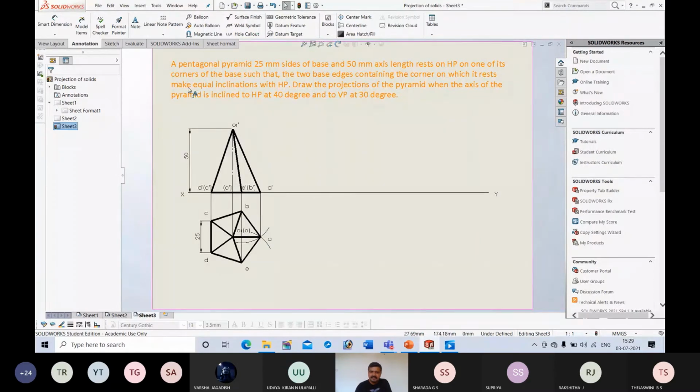Even if they mention this condition, by default we are going to satisfy it in all problems related to pentagonal planes or pentagonal pyramids. In planes also we followed the same procedure. When you lift it, both these edges will make equal inclination. You need not worry about this condition; by default, it will get satisfied.